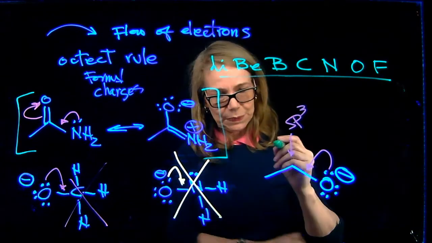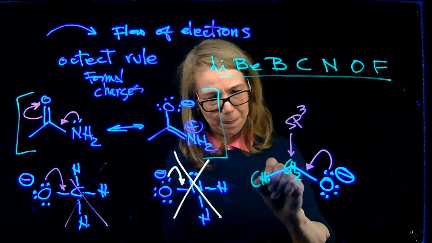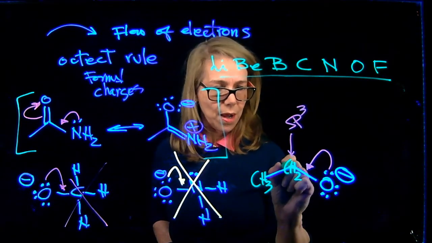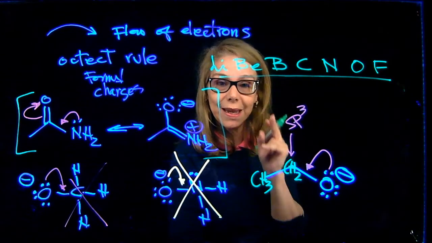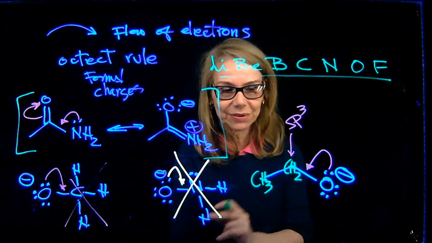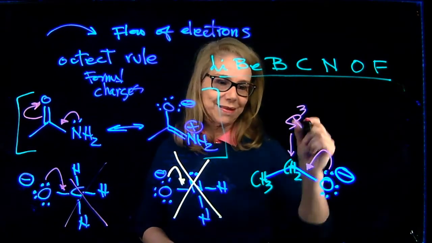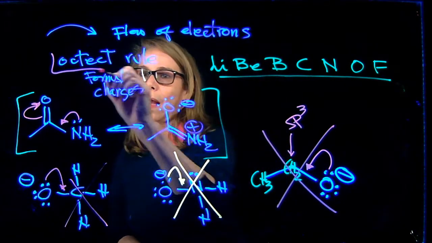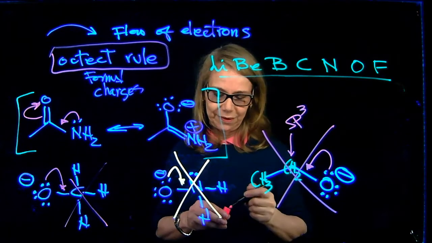So let's complete that. That would be CH2, CH3. That means the carbon here has 1, 2 bonds, and then 2 bonds to the hydrogen. That's 4 bonds, meaning 8 electrons already. So I cannot expand the octet. So that arrow is another forbidden movement. So those are things we cannot break. Here it is. We cannot break this rule for elements in the second period of the periodic table.